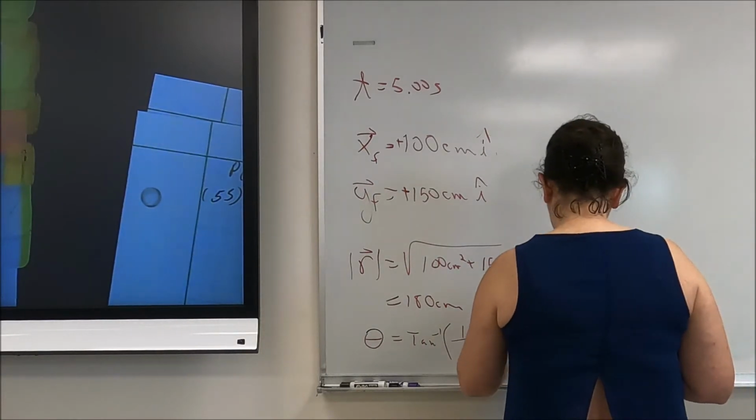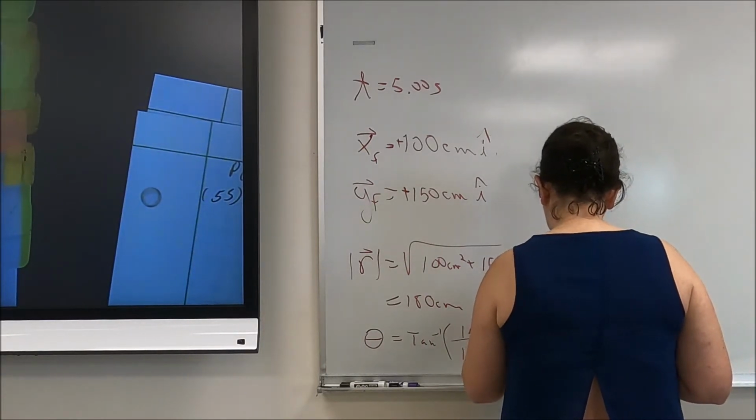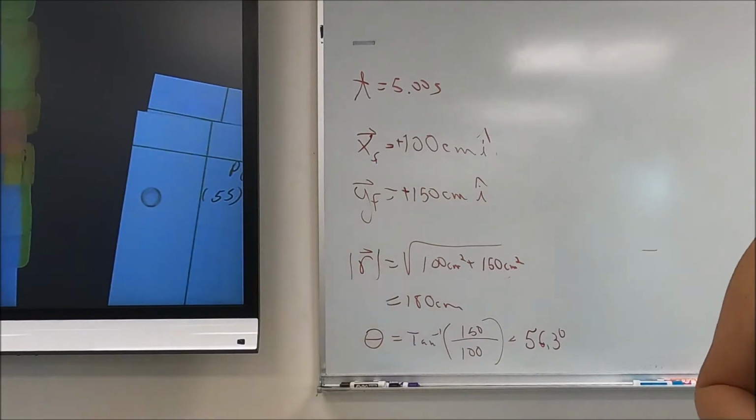So I get 56.3 degrees. So that would be our location from our starting spot, assuming that we were measuring from our origin. So there's a really simple equation, again letting us use our graphs.